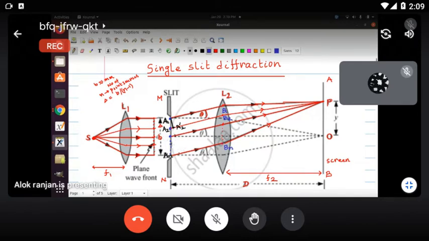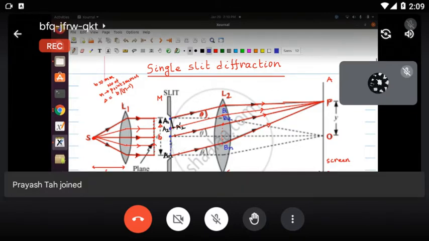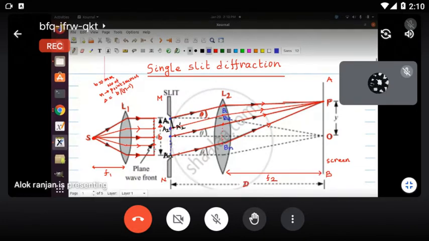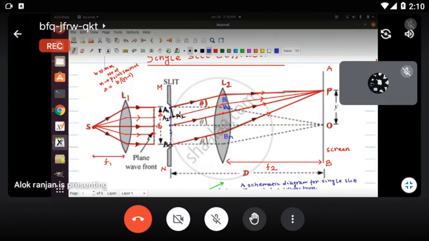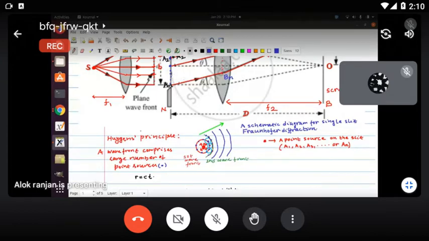They are basically the point sources present over the wavefront. Then you might make an argument: where do these point sources come from? As I said last lecture, these point sources on the wavefront are due to the Huygens principle. So a wavefront comprises a large number of point sources.